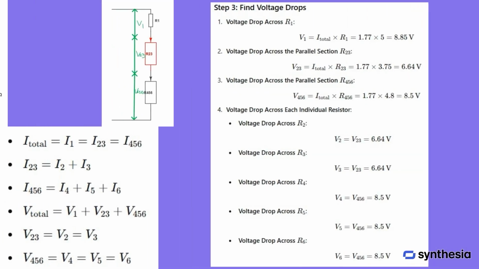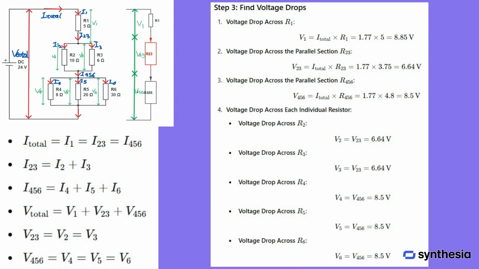3. Find voltage drops. For V1 calculation, we can use Ohm's law directly. Given I1 equals I total equals 1.77 amperes and R1 equals 5 ohms, then V1 equals I1 times R1, which is equal to 8.85 volts. Then we can work out the voltage across the parallel sections, which we label as V23 and V456. We apply Ohm's law.